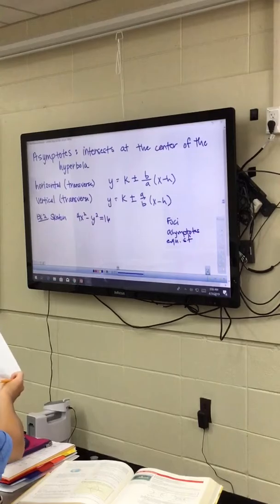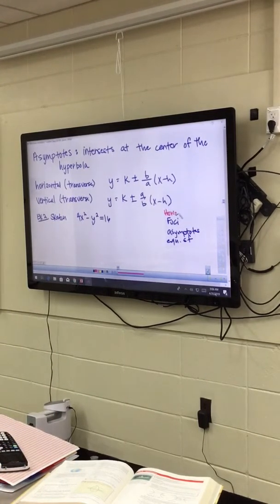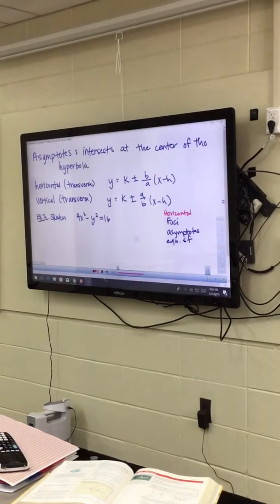So it is a horizontal. So that lets me know that the transverse axis is going to be on the horizontal axis, and we would use this equation to find our asymptotes.